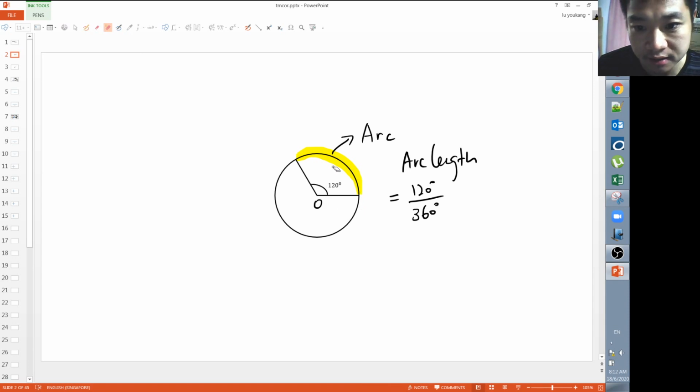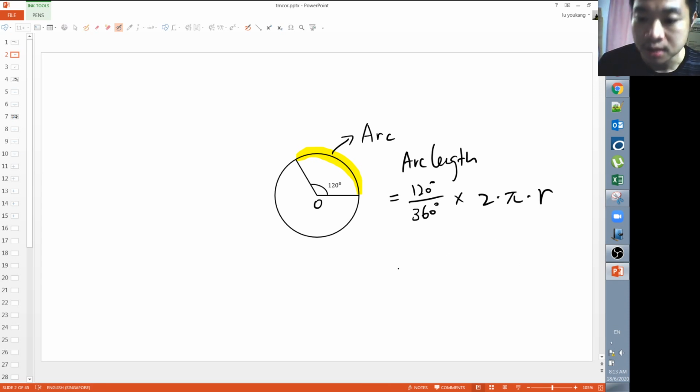For this arc length highlighted in yellow, it takes only 120 degrees out of the 360 degrees. Therefore, you can see I am taking 120 degrees divided by 360 degrees here. And then I need to times, since I'm finding the length of this, the length of the perimeter of the circle, which is 2 pi r.